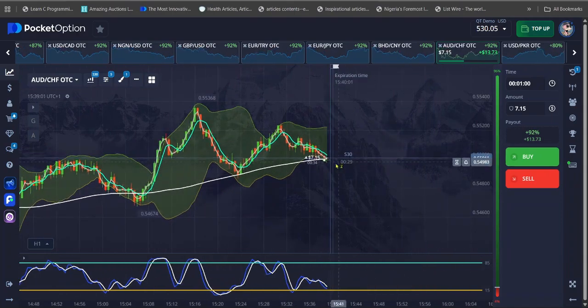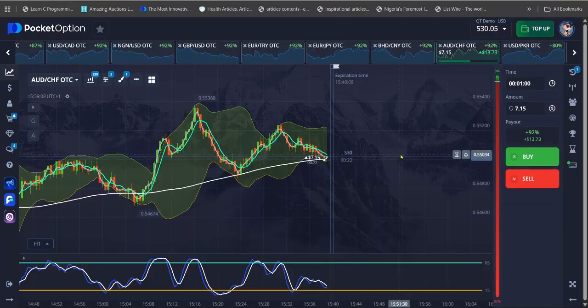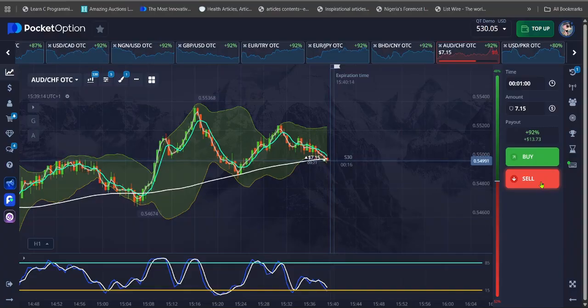So I'm expecting it to bounce up from this, just pull up a bit to give me profit, but nothing is guaranteed. Let's see if my analysis will be correct and if we are going to come out in profit or in loss. Whichever one, let's wait a couple of seconds.